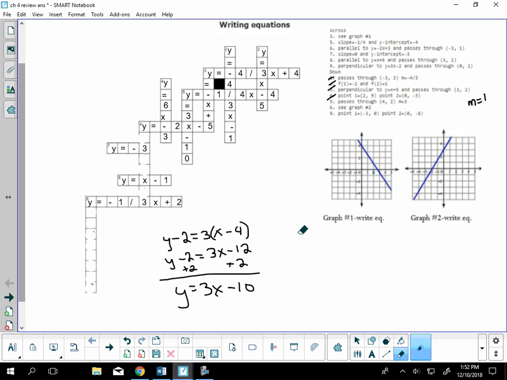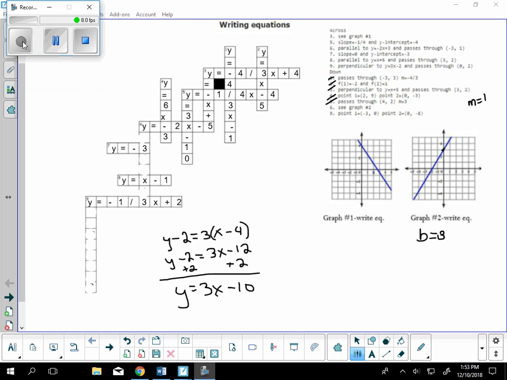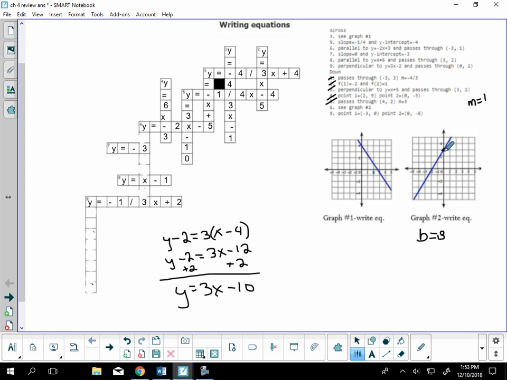All right. On number 6 down, it says see graph number 2. Well, my y-intercept is 3. Oops, let's hit pause for a second. So my y-intercept is 3.